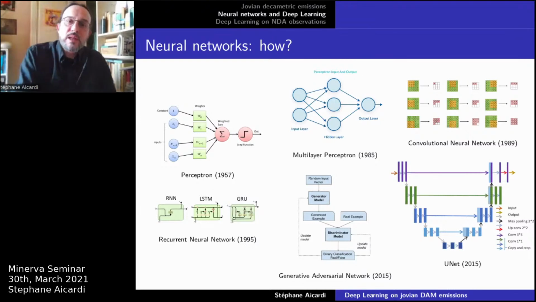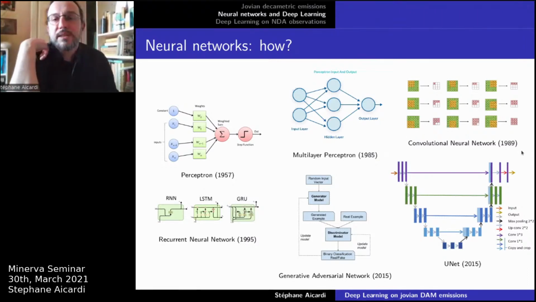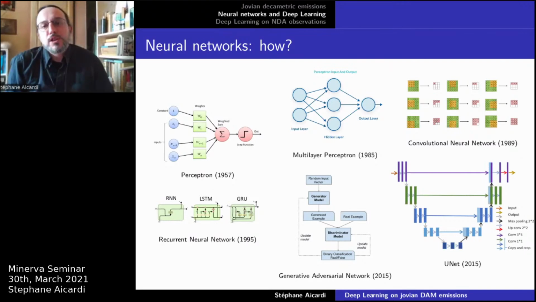So to avoid this problem, Yann Lecun invented the convolutional neural network, which shares the weights between lots of neurons.